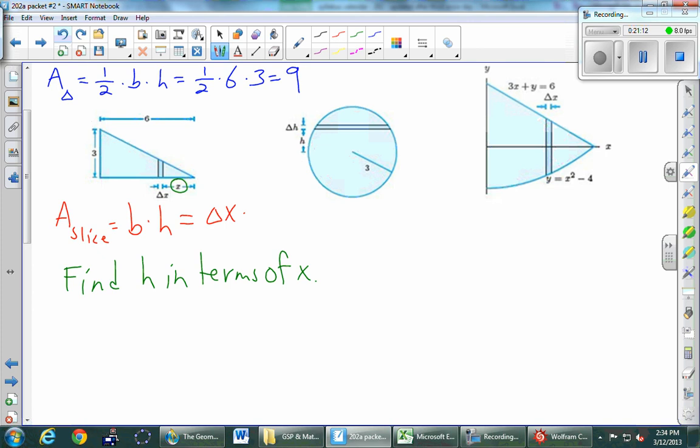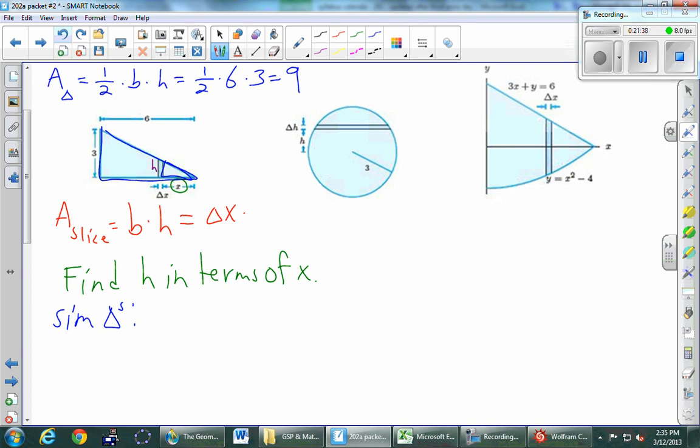What we're going to do is use similar triangles. I'm going to call this thing right here h, the height of my slice. It's not a constant, it's going to change. But let's use similar triangles here. So we know that this small triangle is similar to the big triangle.